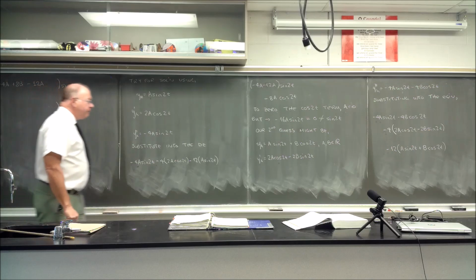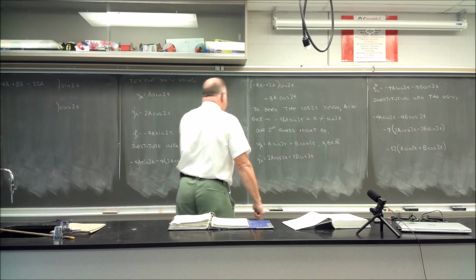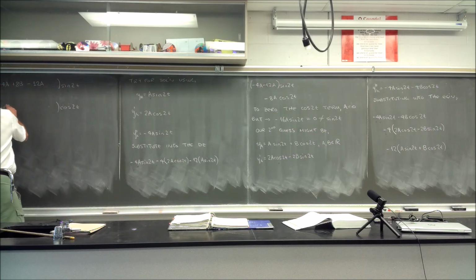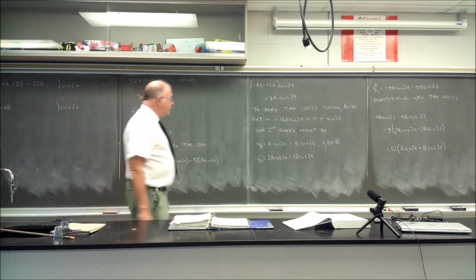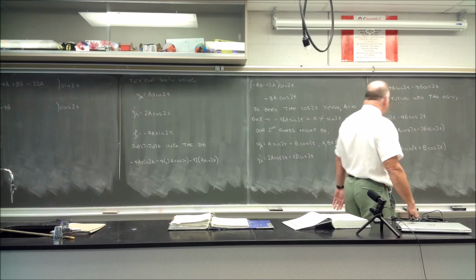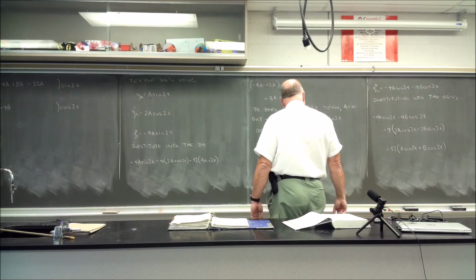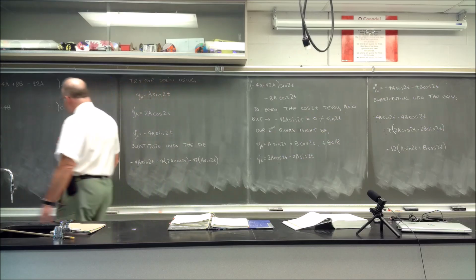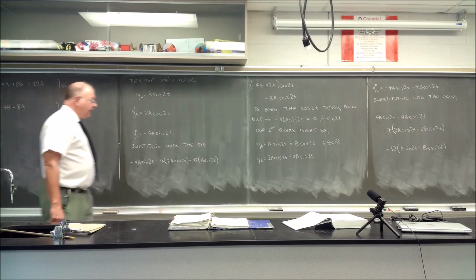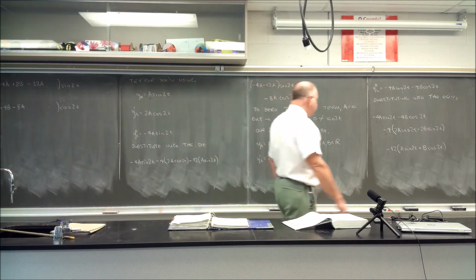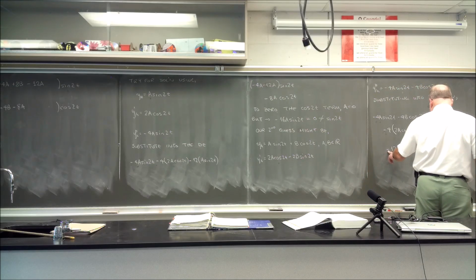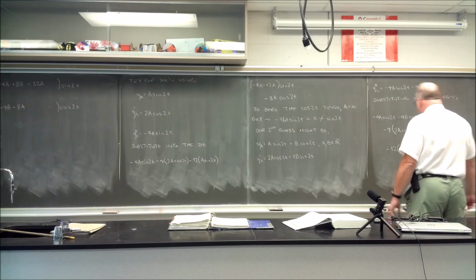Similarly, for the cosine, we have minus 4b. And then for this we have negative 8a. And finally, we have negative 12b.